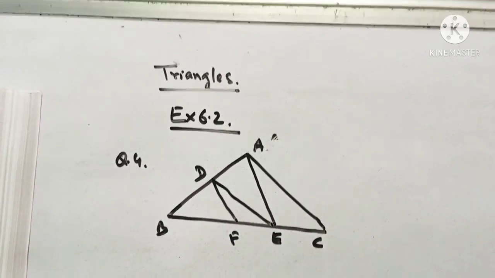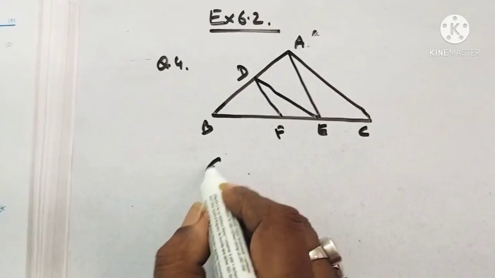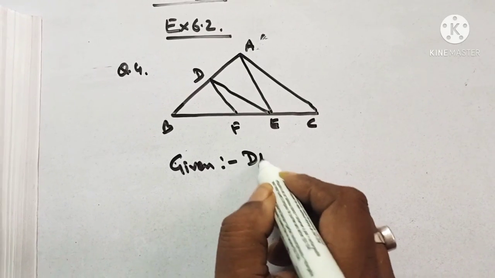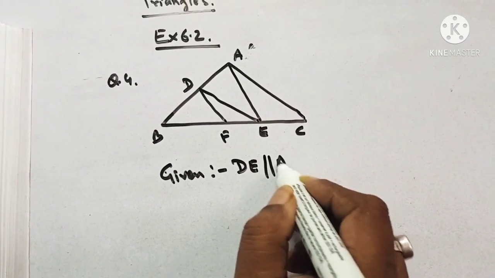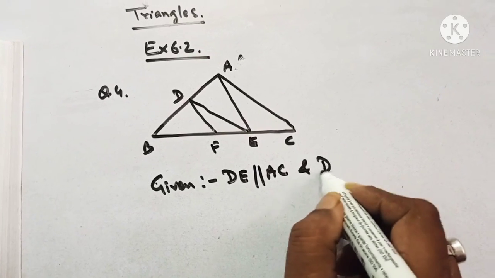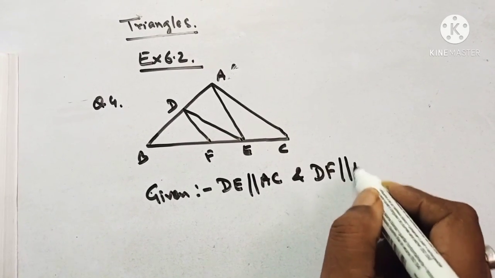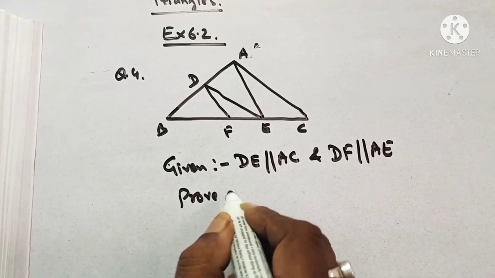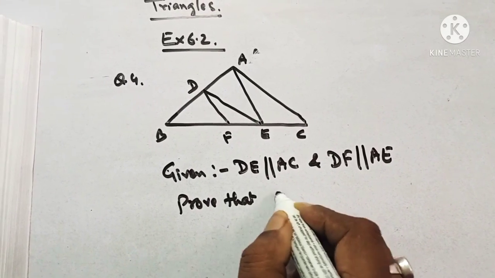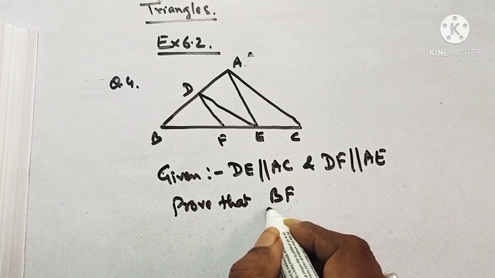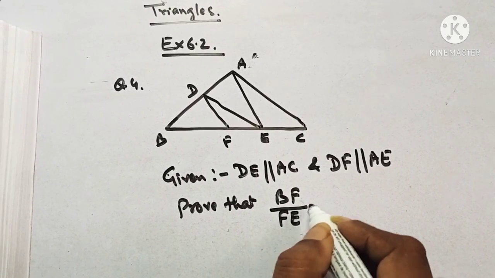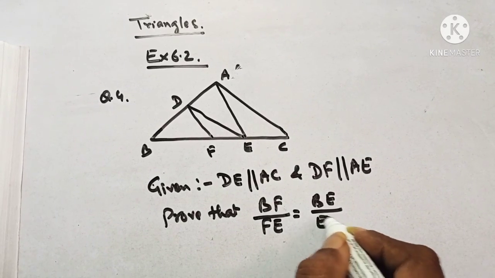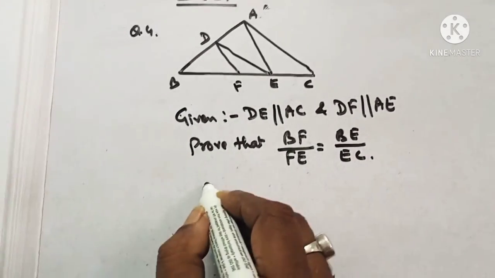Now here it is given in this figure that DE is parallel to AC and DF is parallel to AE. We have to prove that BF by FE is equal to BE by EC. Now your proof.